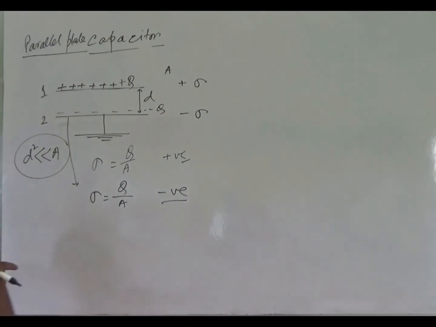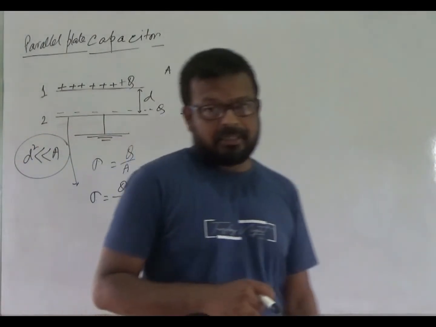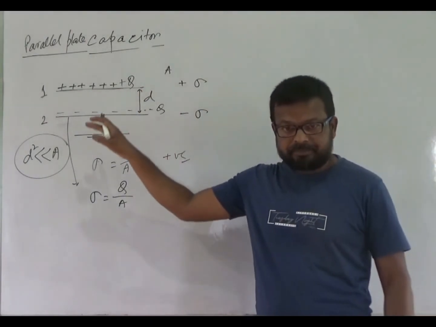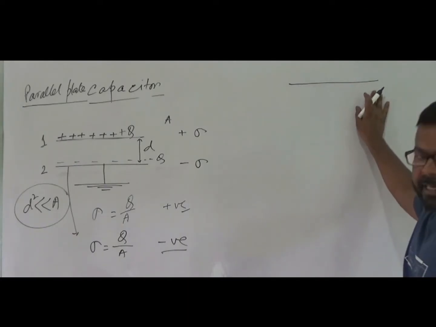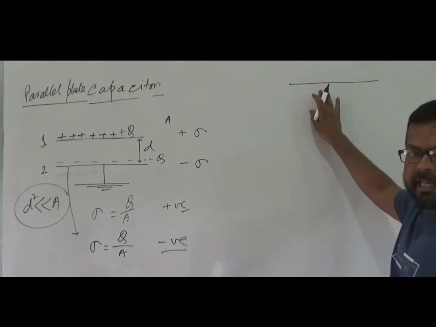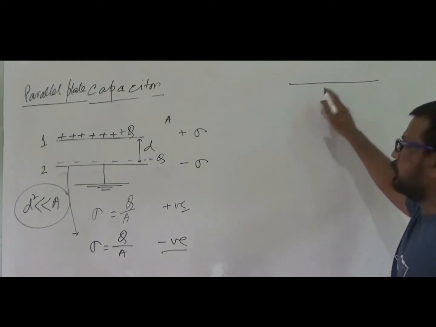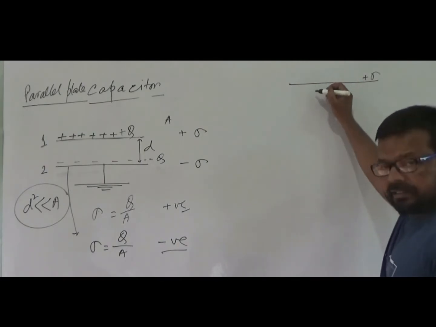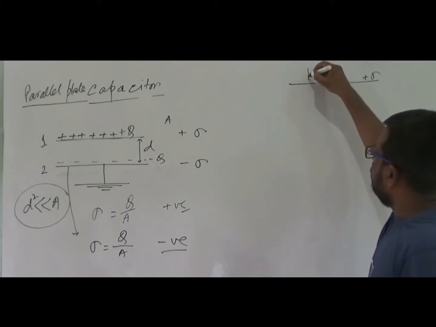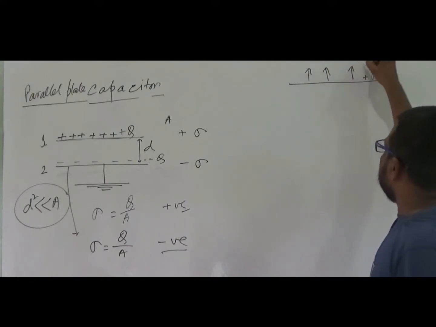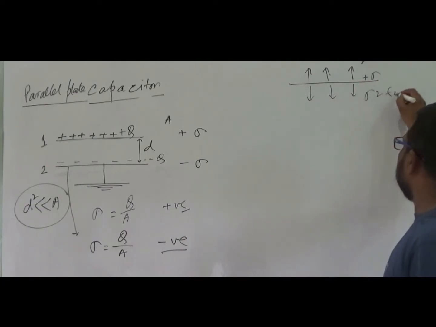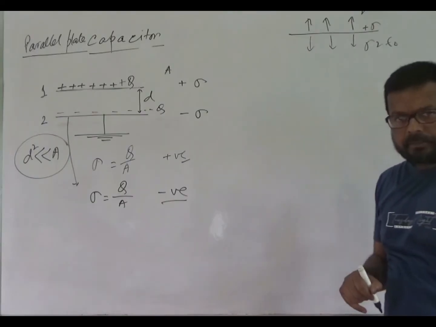Now we have already discussed the field due to this system. If this is an infinite conducting plate with charge density plus sigma, then the field in this region will be sigma by 2 epsilon 0, and on this side also sigma by 2 epsilon 0, right?